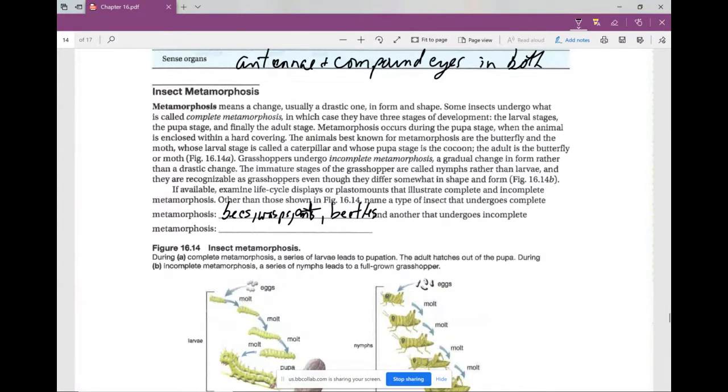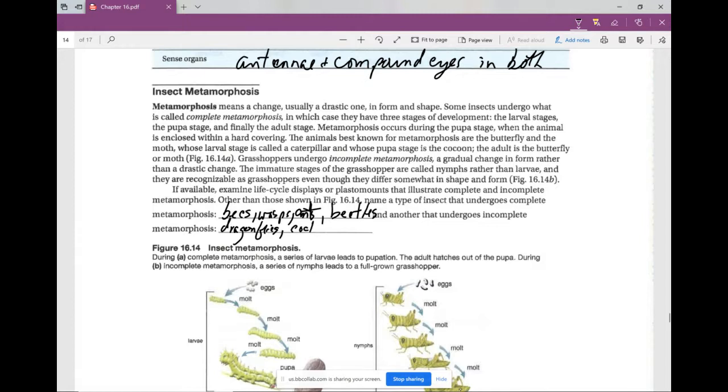How about incomplete metamorphosis? Well, you can have dragonflies. Right, they had the little predatory nymph that lives underwater, and then as it grows, it just adds little portions that look more adult as it grows, little by little.